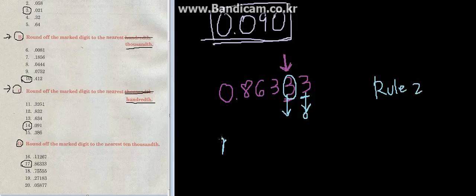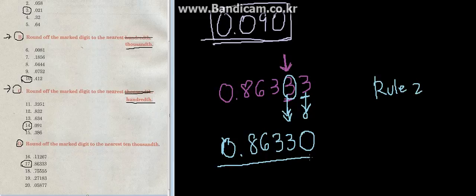So 3 stays the same, and then this 3 we replace with a 0. So the final answer will be 86,330,100,000. That's the answer for number 17 in Part D.